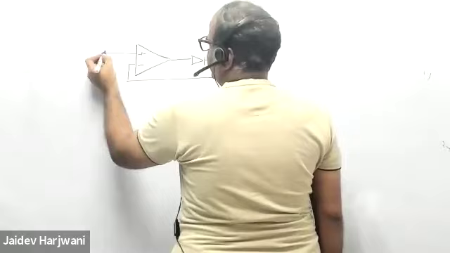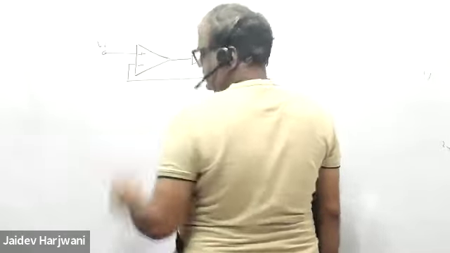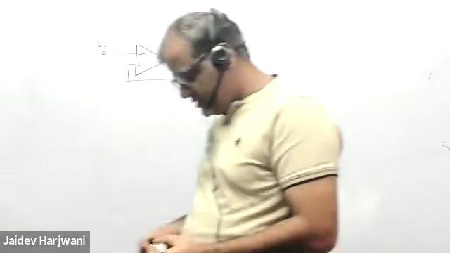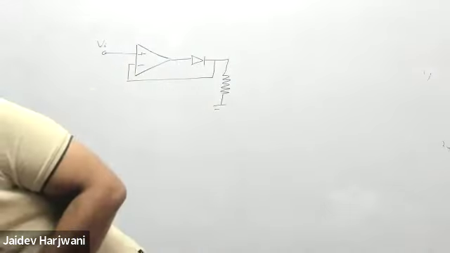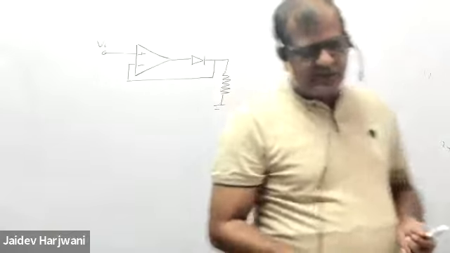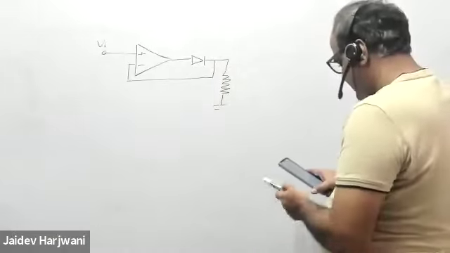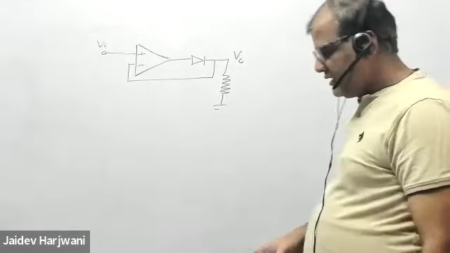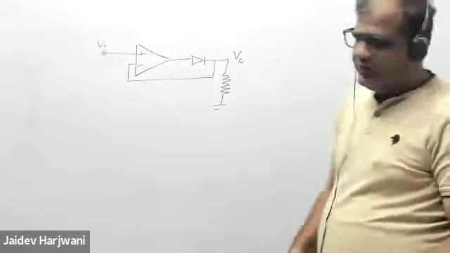Here you are applying the input. You have to find the transfer curve. Transfer curve means I want to find what will be the output here if I apply input. So basically I have to draw input output characteristics.